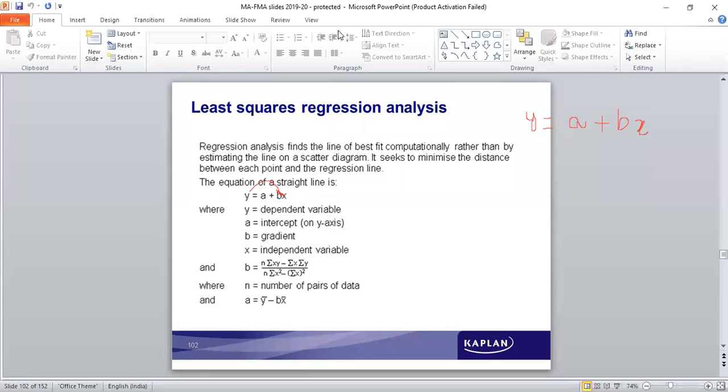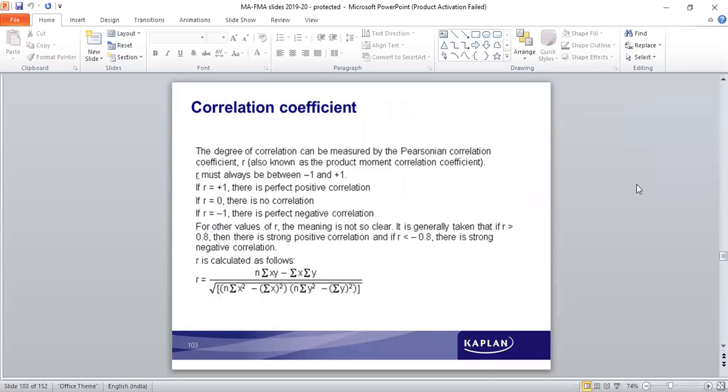We have another analysis called correlation. If two variables are selected to establish a relationship, it is to test whether there exists some relationship between them.